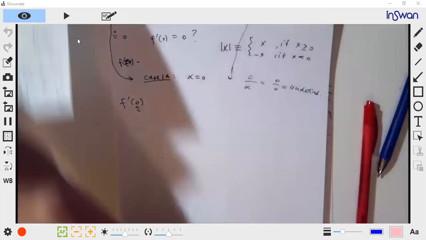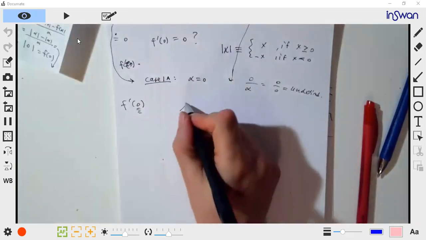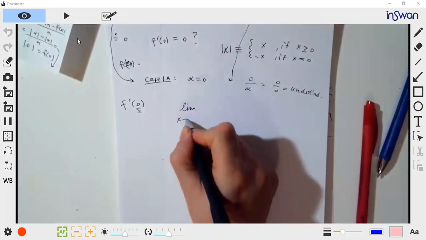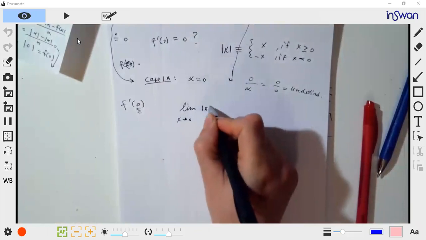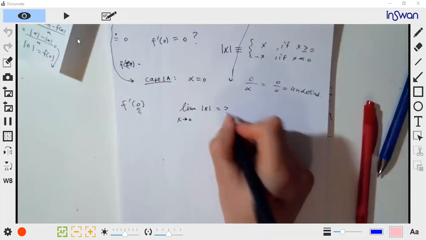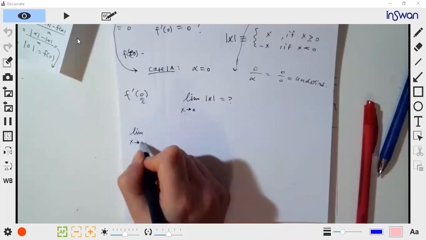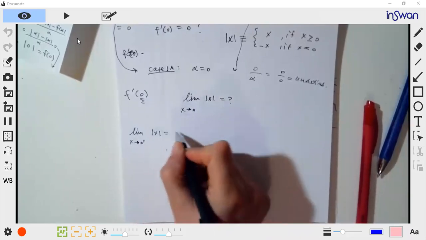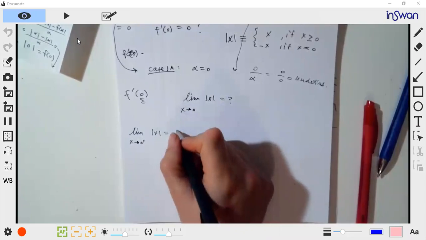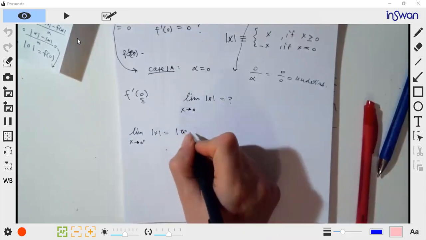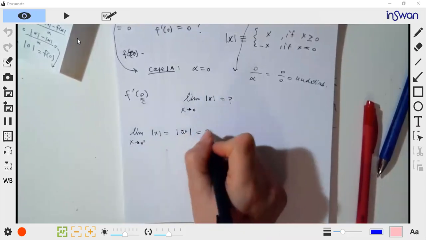You can also see this from the limit idea. The limit as x approaches 0 of the absolute value of x. What is this? Well, the limit as x approaches 0 from the right of absolute value of x is equal to absolute value of omega, all right, which is just omega.